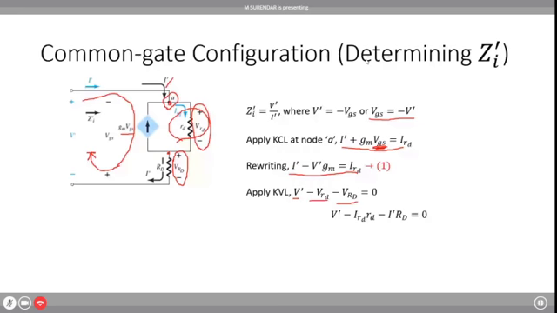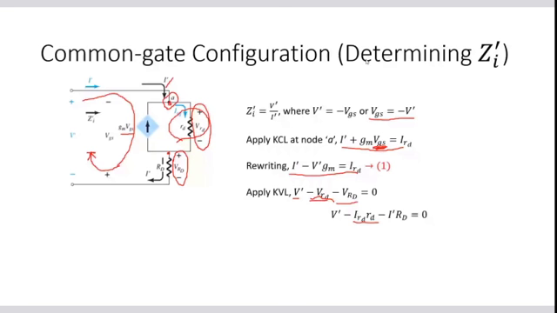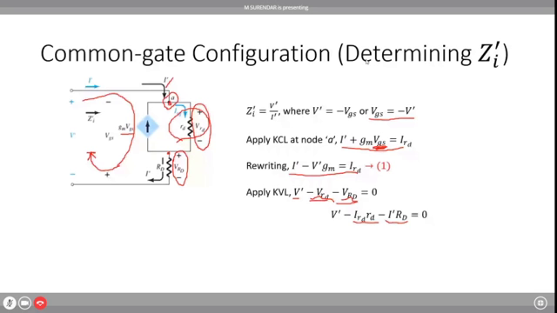And for V suffix capital RD, the voltage drop across the resistor capital RD can be represented as the resistor RD into the current passing through it. That current is I dash, because I dash is coming inside this node A, and while leaving the network it will be the same.